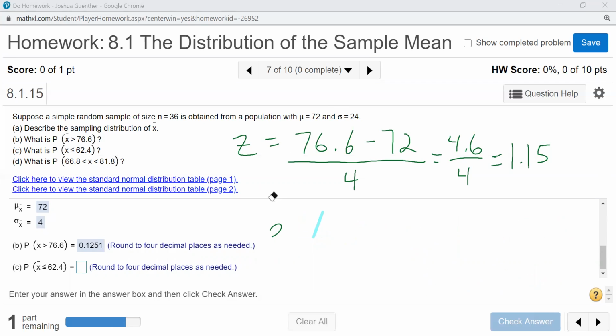So let me erase all this. So now my z-score of interest is going to be computed. We're still going to subtract 72 and divide by 4, but the x bar is going to be 62.4 up here. Which may just change everything. That's going to give us a negative number.